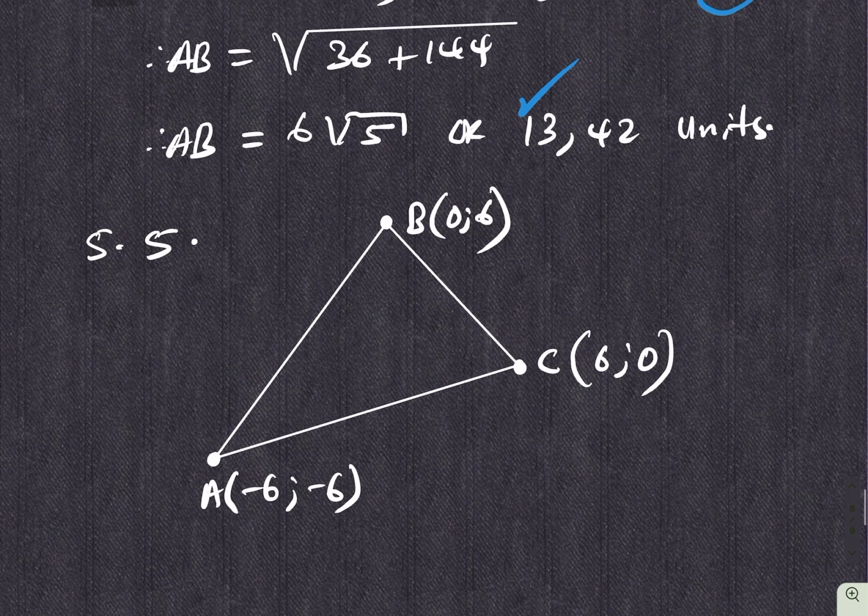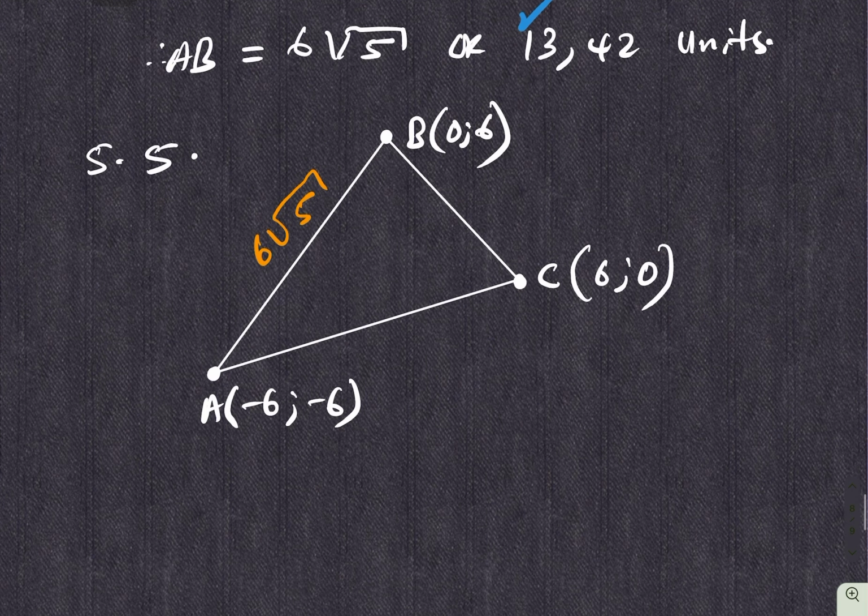You were asked to find the distance of AB, and you found that to be 6 square root of 5. You want to find the area of this triangle. This triangle is not a right angle triangle, so I'm going to use the area rule from paper 2. I want to find the length of AC.